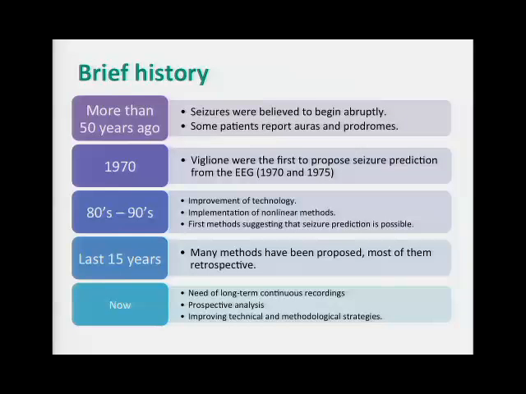He has a couple of papers from that time, and it gave the scientific community the idea of seizure prediction. Then between the 80s and the 90s, many seizure prediction methods appeared.